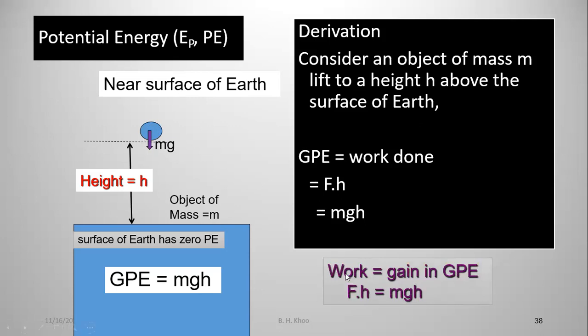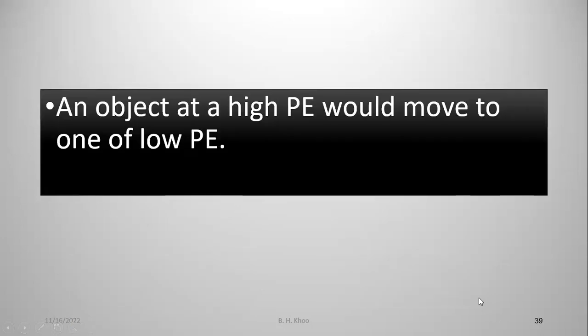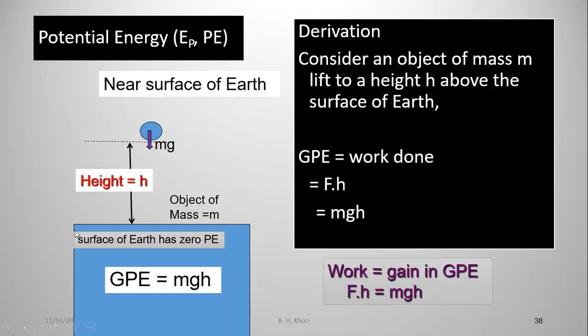So by the work energy theorem, work done equals gain in potential energy, or Fh equals mgh. An object at high potential will move to one of low potential, because the force is attractive. It wants to go to the zero potential energy level. So we always treat the surface of the Earth as zero potential energy.